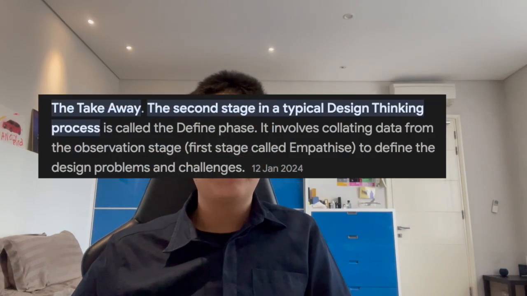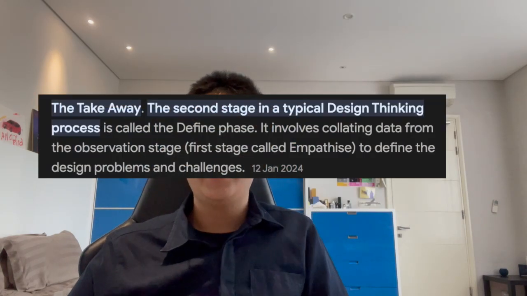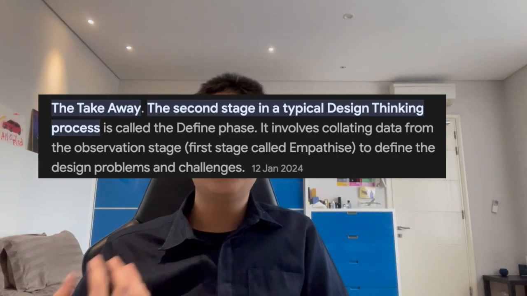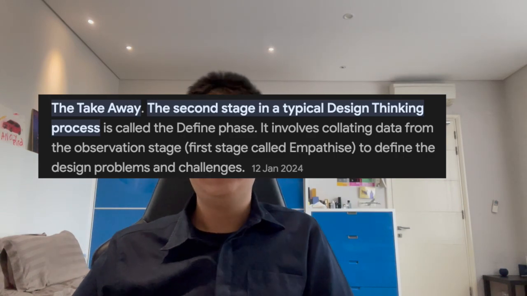So the second step of the design thinking process is to define. What it does is basically collect data from the observation stage to define the design problems and challenges. So in this AP Physics project, the thing that I want to define is the materials used for the car bumper and how it impacts the final force after the car crash.